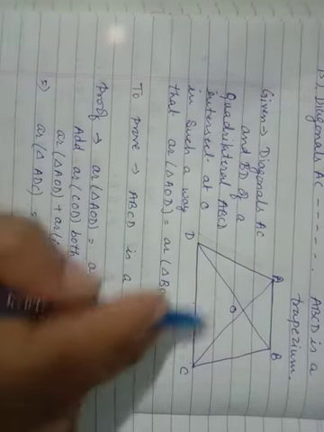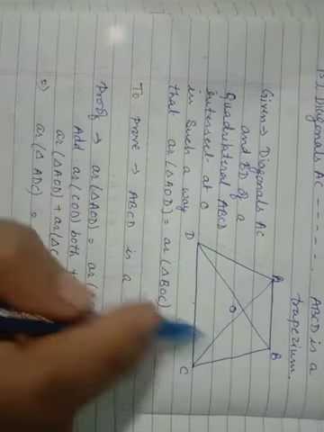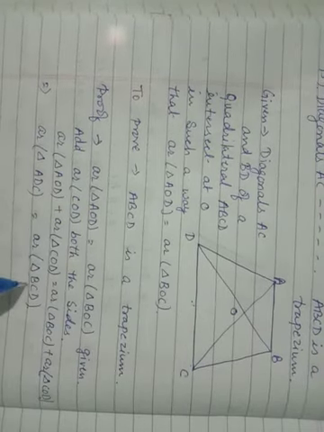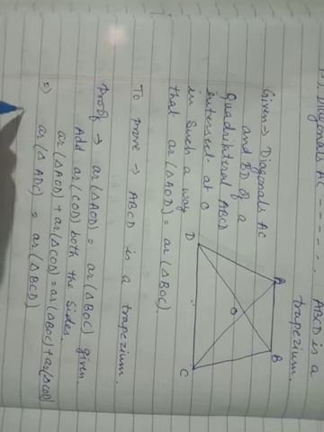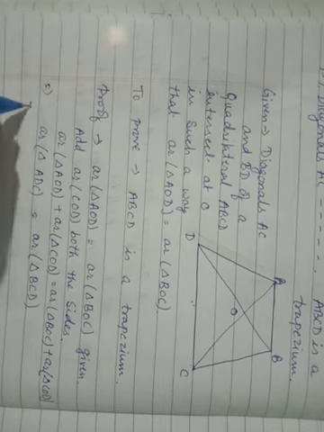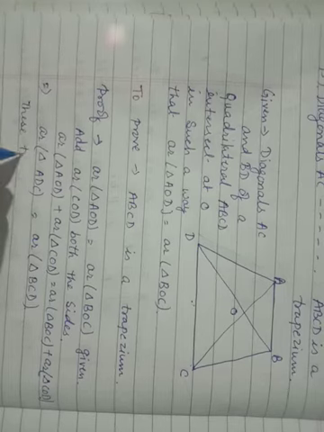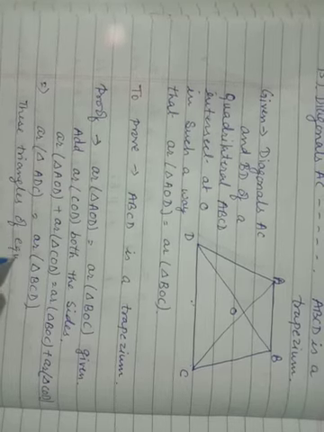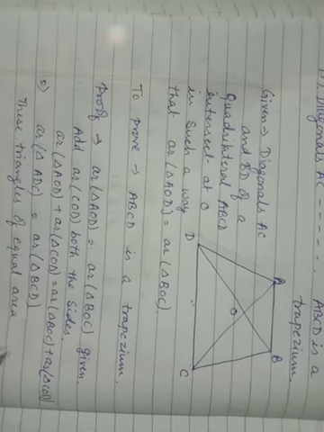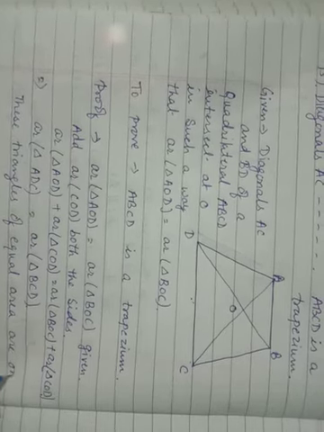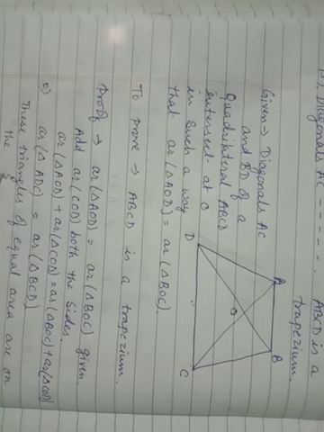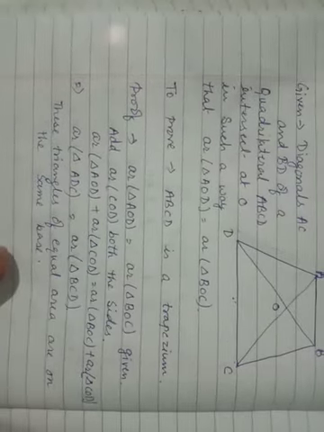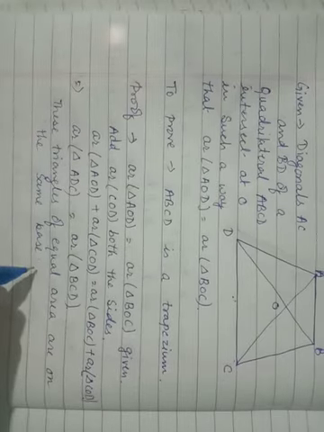See, these areas are equal and they are on the same base. Okay, so these triangles of equal area are on the same base, that is CD.